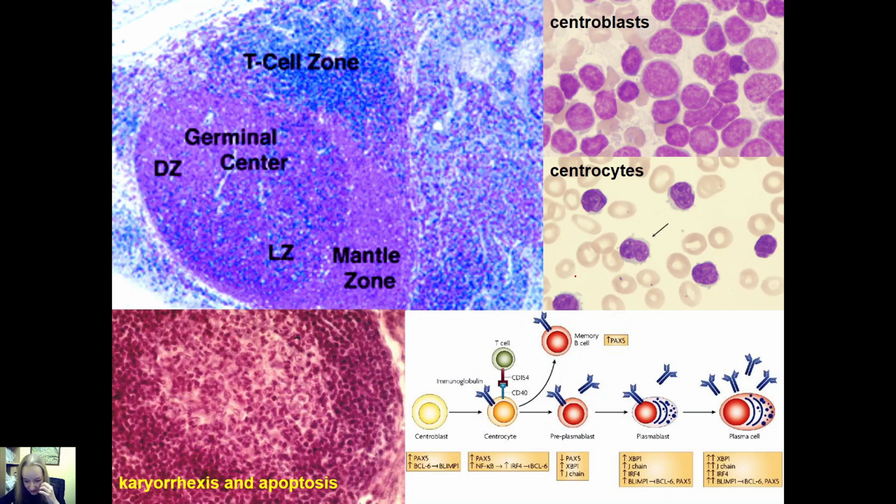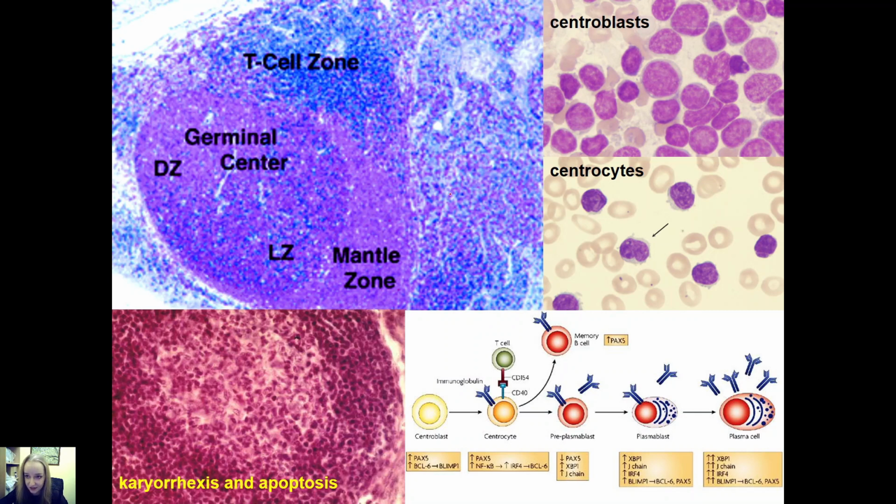So how does it actually work? The B lymphocyte is created in the bone marrow. It travels to the lymph node, where it encounters an antigen. So there is an antigen in the lymph node, and this antigen is presented by antigen presenting cells. These B cells here, as I told you, want to become a plasma cell that will produce antibodies which are very specific for this antigen.